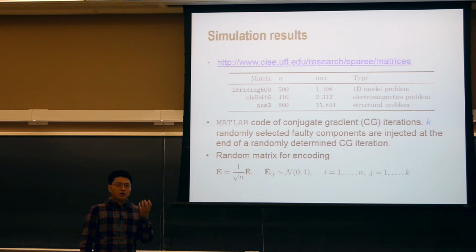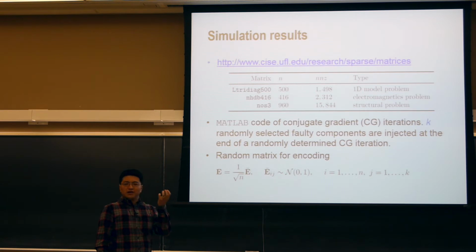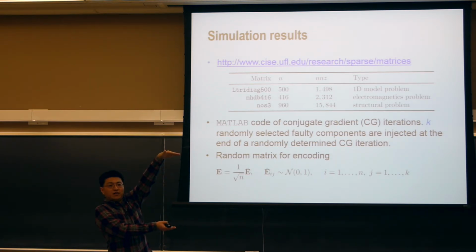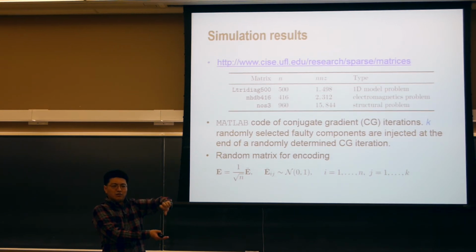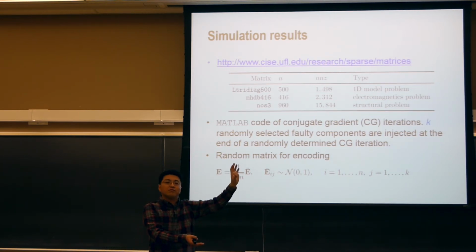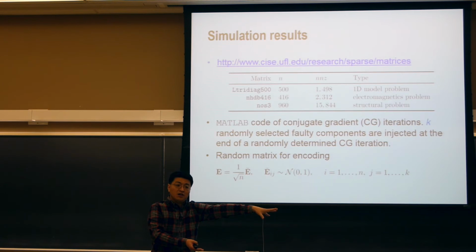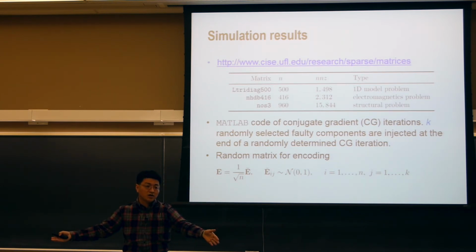And to simulate the faults, we randomly inject k faulty components. We have n components to select from. We just randomly pick k components. Say they are faulty. They will never be updated after a certain point of the CG iterations.